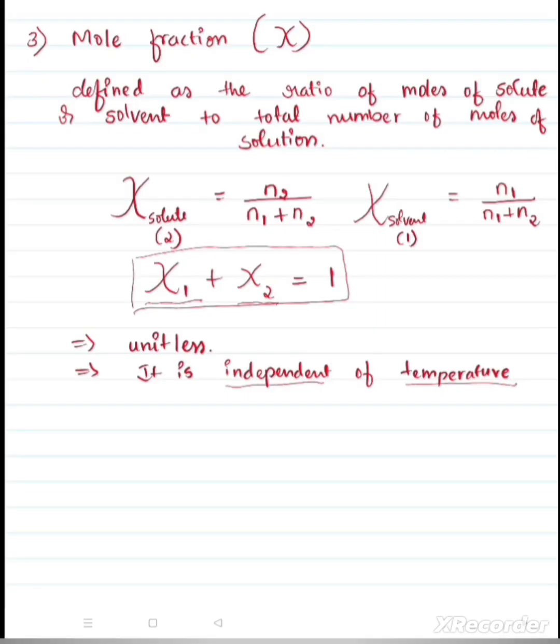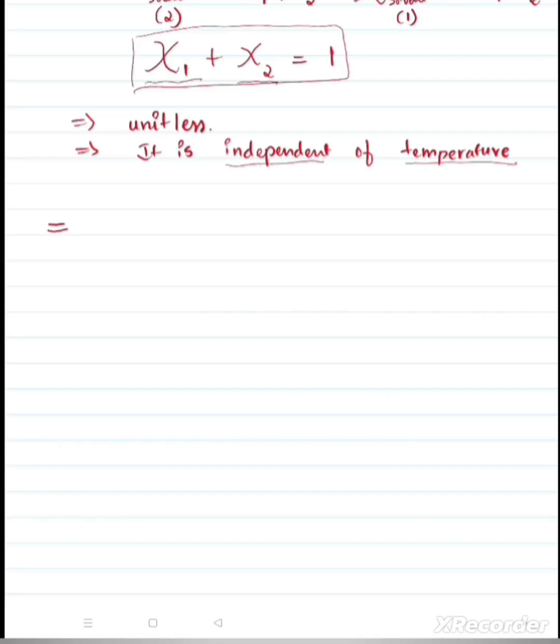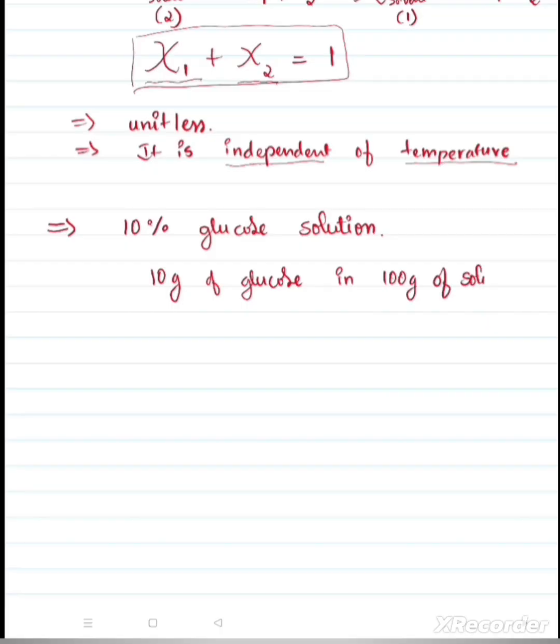After that, the important points under these concentration terms: first point, if they are giving a 10% glucose solution, how we decode this is important. 10% glucose solution means 10 grams of glucose in 100 grams of solution.